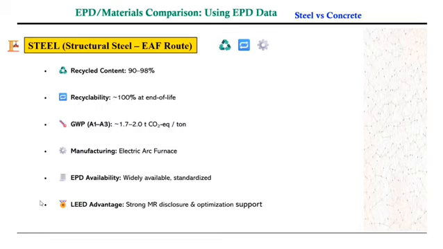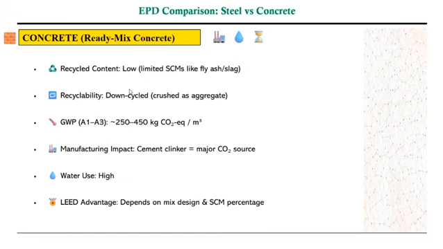The values for GWP are 1.7 to 2.0 tons CO2 equivalent per ton. Manufacturing is by electric arc furnace. EPD availability: yes, widely available and standardized. LEED advantage: it contributes strongly to Materials and Resources, MR, disclosure and optimization support.